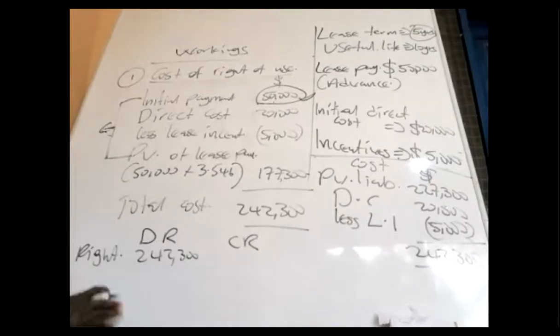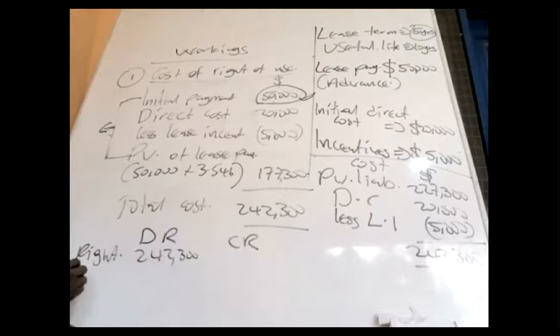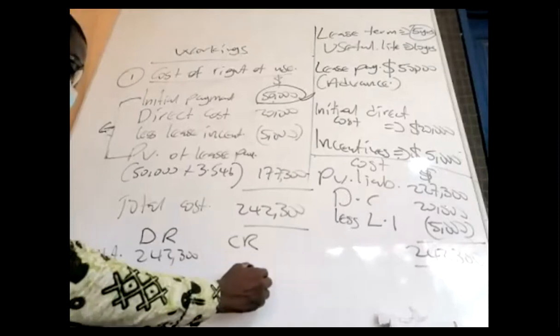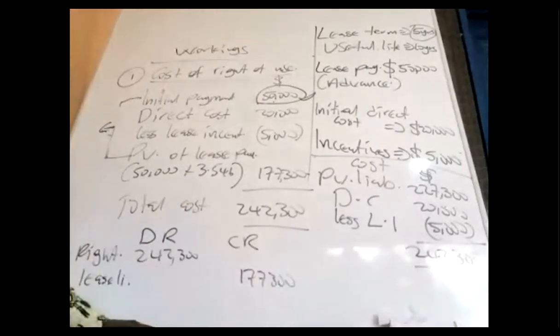Right after the payment, the first payment, the lease liability will happen to be 177,300.